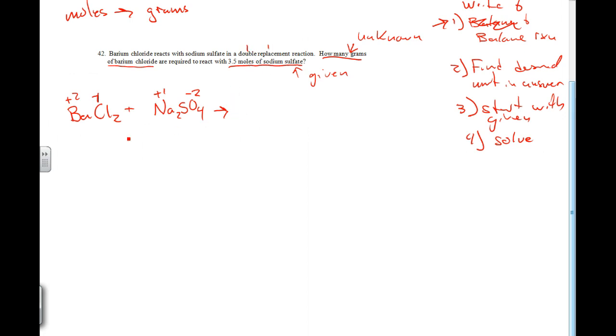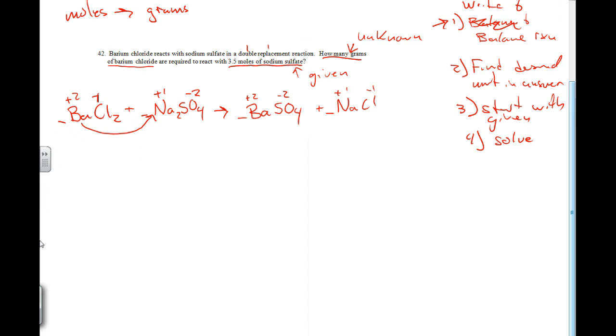In double replacement, the front things just switch place. So I'm going to have BaSO4, carrying the same charges, +2, -2, plus NaCl, +1, -1, so they're balanced also. So the charges are balanced.